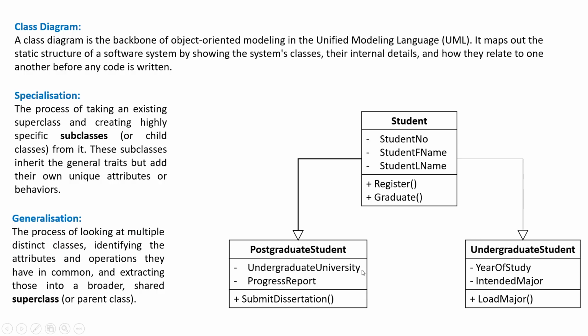Then we create the student class with the attributes and functions in common, and we're only left with the attributes and functionality for the subclasses that are unique to them. So generalization is a bottom-up approach where we start with individual classes, see that they share the same attributes and functionalities, and then take those shared attributes and functionalities and create a superclass.